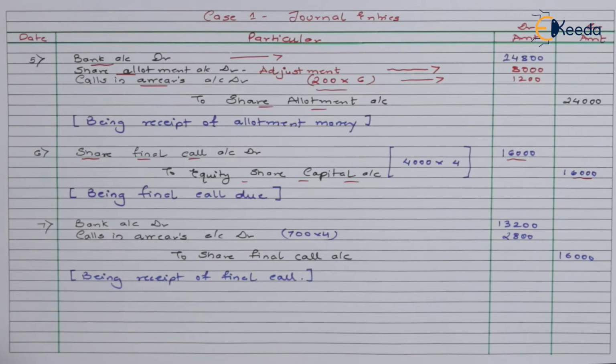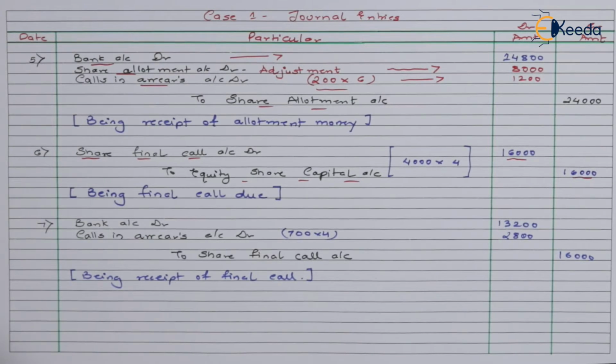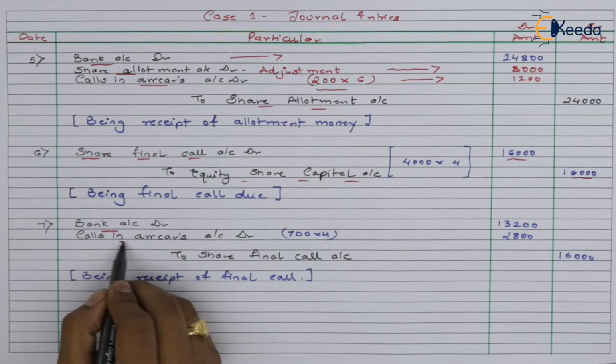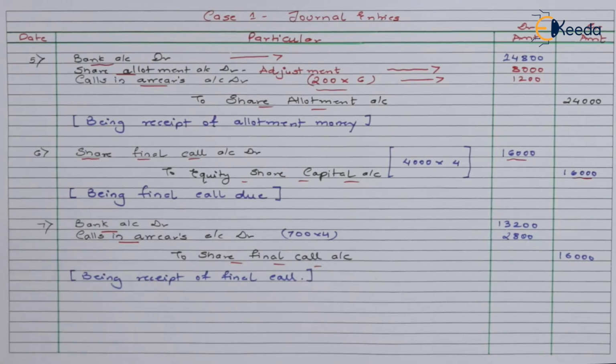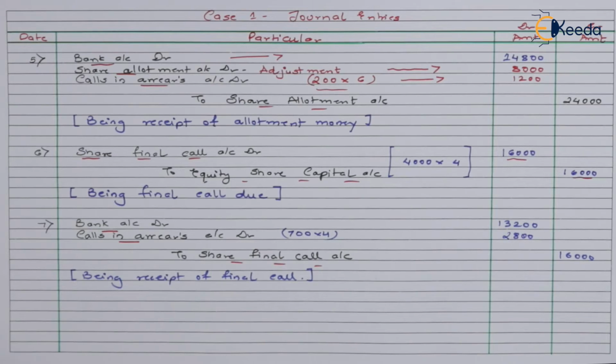Whatever amount we have received will be in our bank account. So bank account debit, calls in arrears account debit to share final call is the entry that we have passed. In total, 13,200 is what we have received here after subtracting the calls in arrears from 16,000, and that marks the closure of the journal entries that were supposed to be passed in case 1.